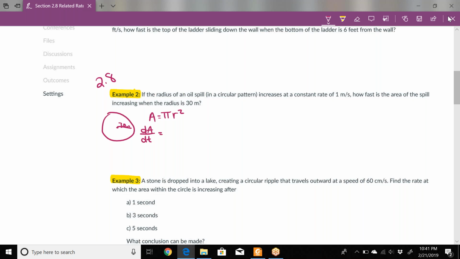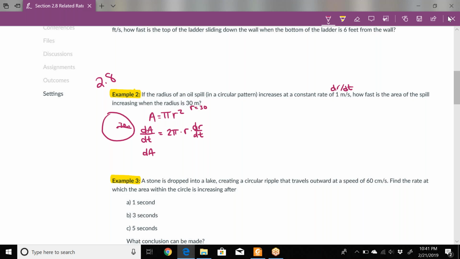And then this would be 2 comes to the front, so it's a 2 pi times r to the first times dr dt. And we do know that dr dt is 1 meter per second, and we know that in this specific scenario the radius is 30.